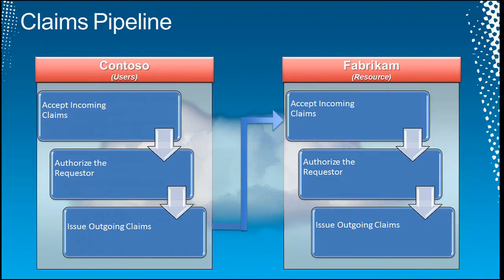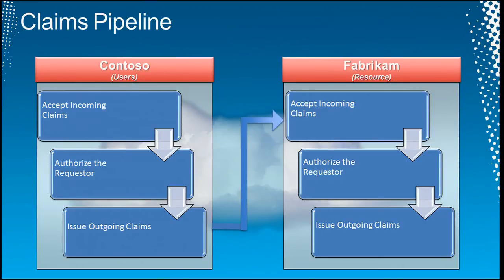So the first thing we do is we accept the user's incoming claims. Going back to everyone who's ever sat through the bouncy slide, when we refer to the relying party STS taking the token and ripping it open and looking at all the claims in it to be able to bundle it back up and create a new one, that ripping the original token open and looking at all the claims in it, that's accepting incoming claims.